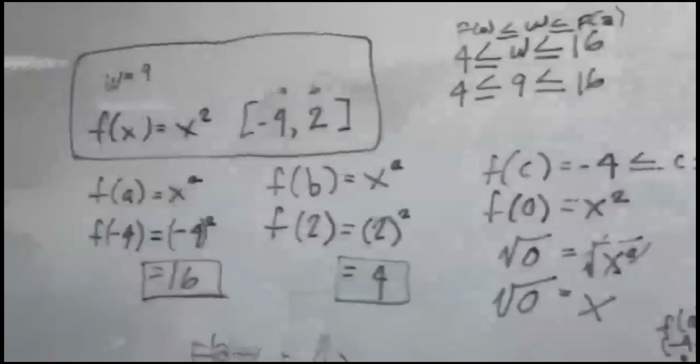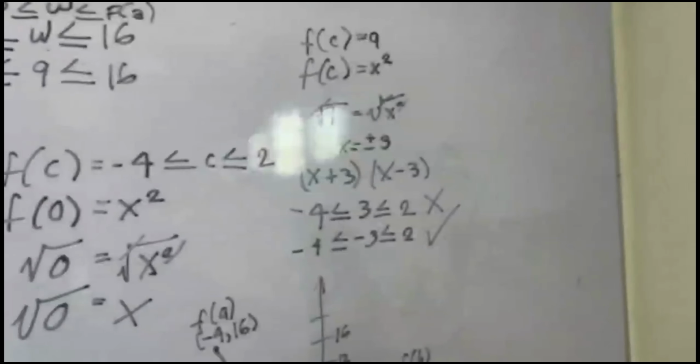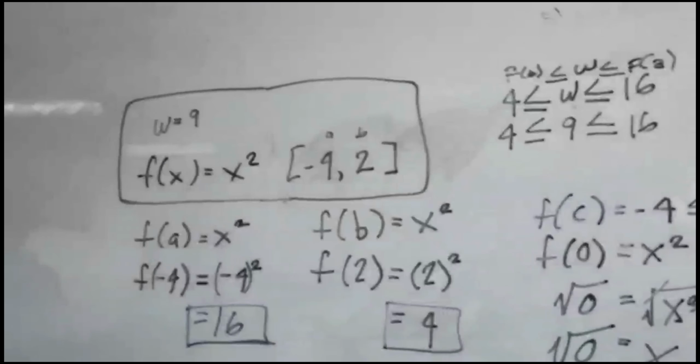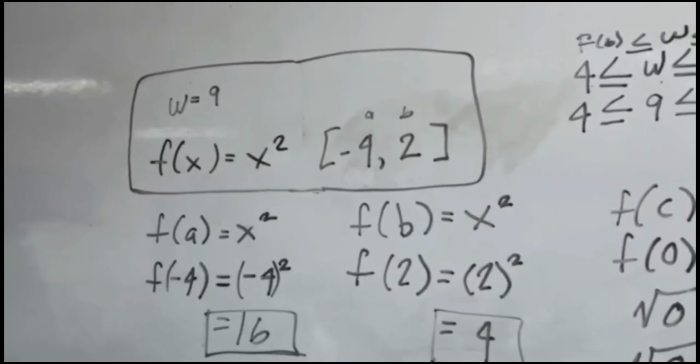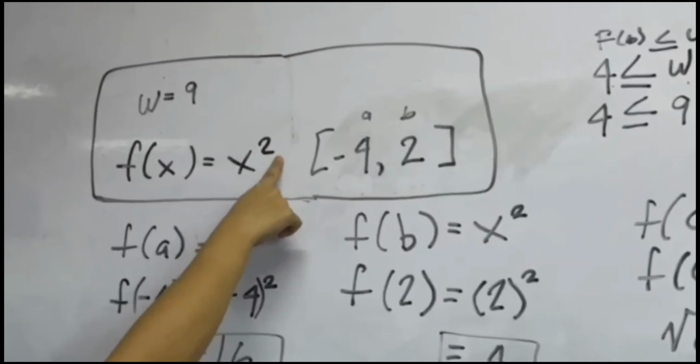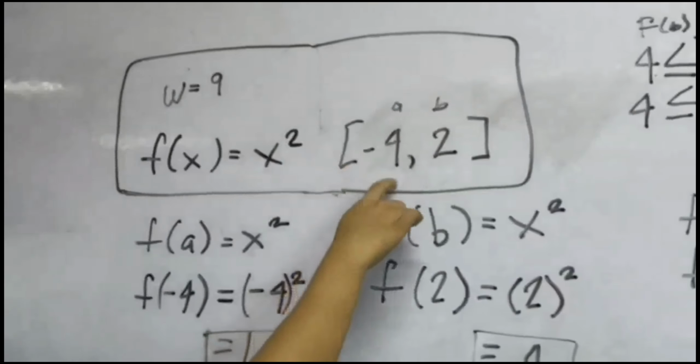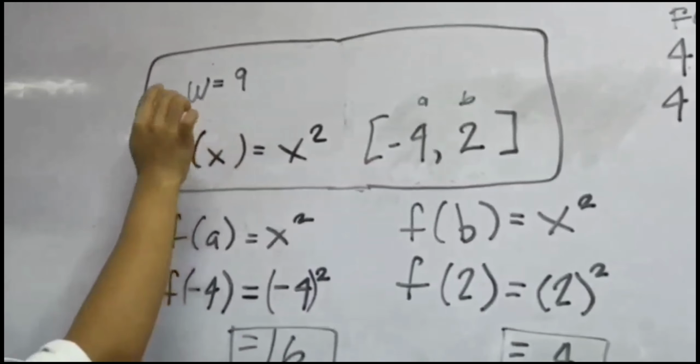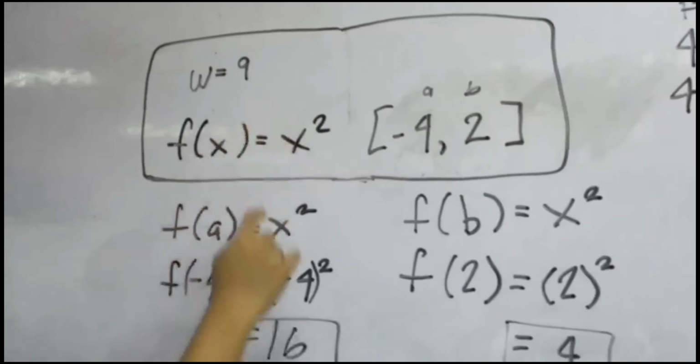Can you tell me where the equation is? That's right. It's right there. We have f(x) equals x squared with the interval of -4 and 2, and our given w is 9.